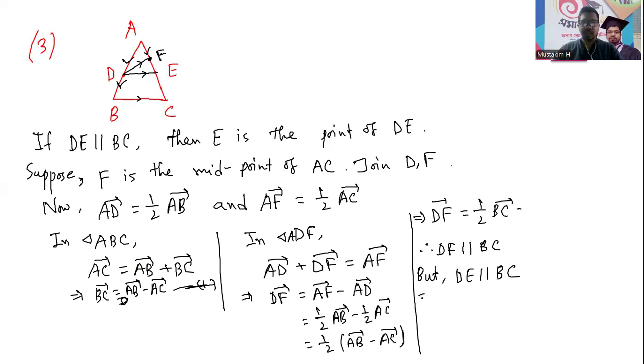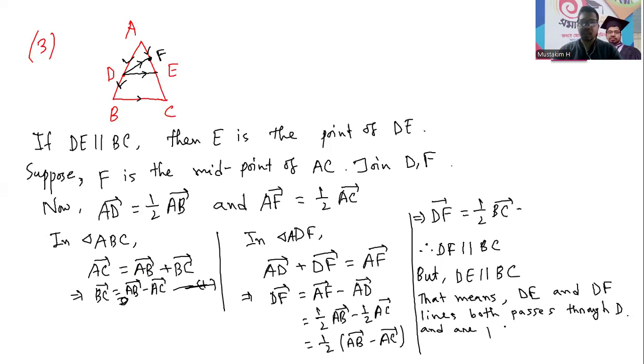That means DE and DF, both lines pass through D and are parallel to BC.